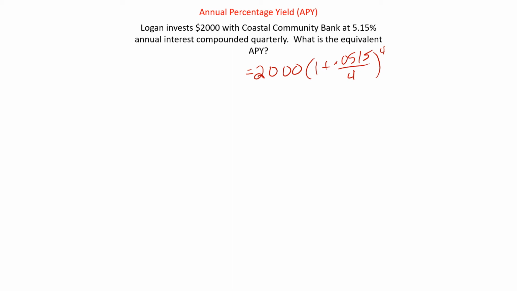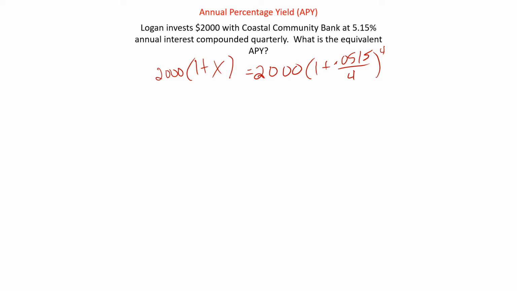We want that to be equal to, what rate would it be if it was just compounded once? So that would be $2,000, the same principal, times 1 plus the rate. We don't know the rate. And then to the 1, because it's still 1 year.